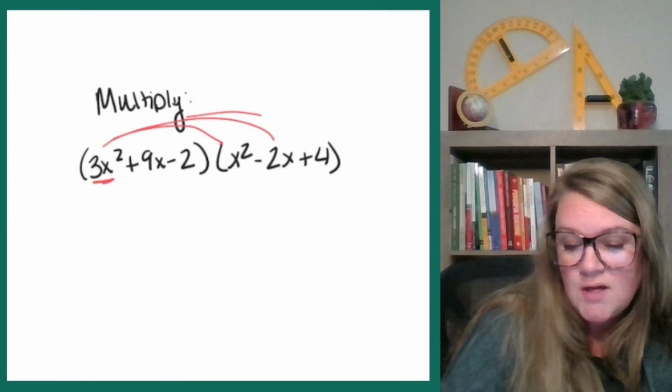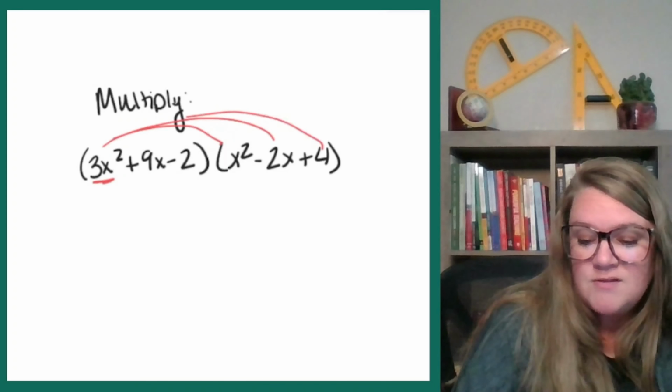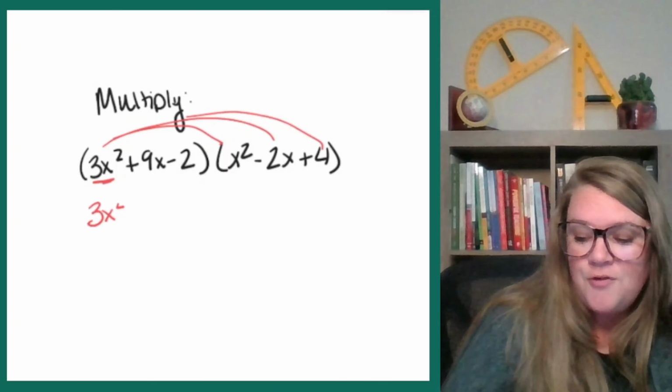So 3x squared times x squared gives me a 3x to the 4th power. 3x squared times negative 2x gives me a negative 6x to the 3rd. And 3x squared times 4 gives me a positive 12x to the 2nd power. So here is when I distribute just the 3x squared. Next term I need to distribute is that positive 9x.